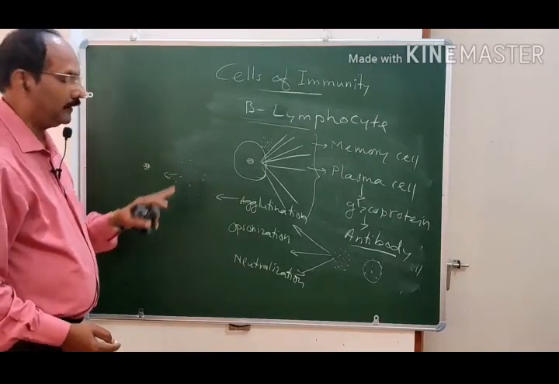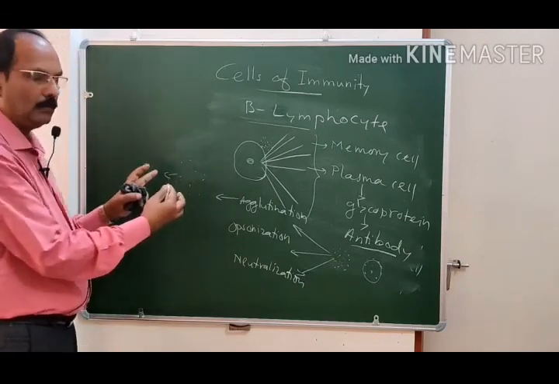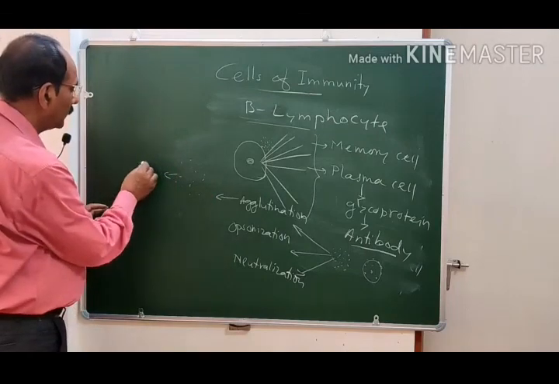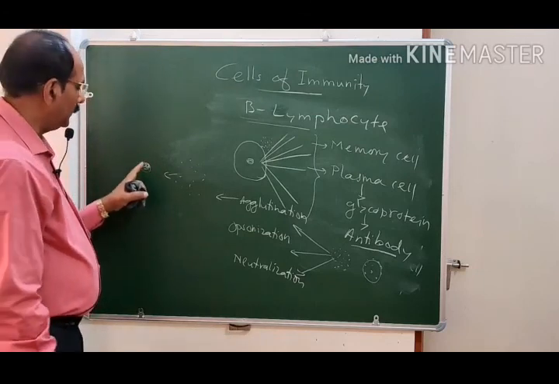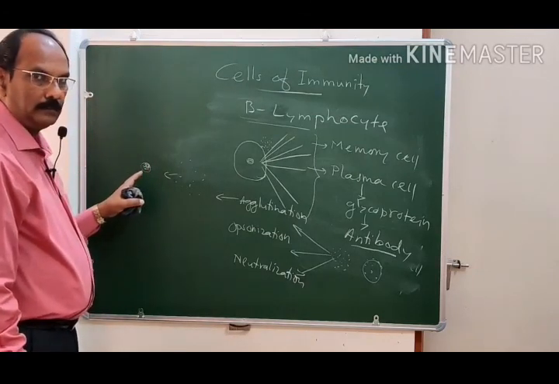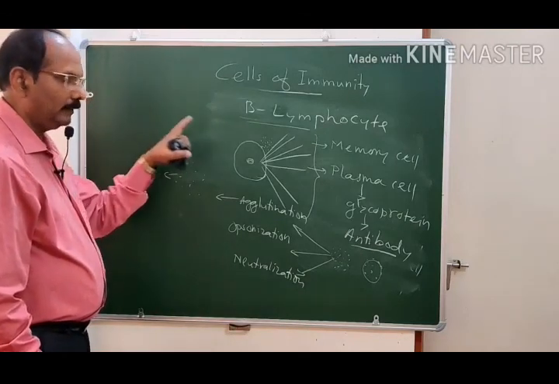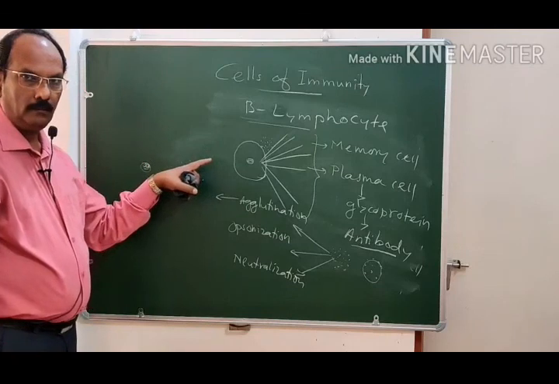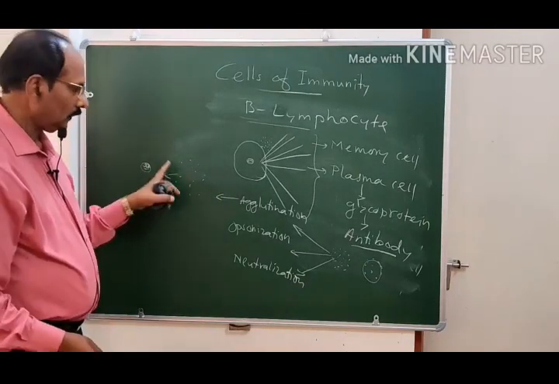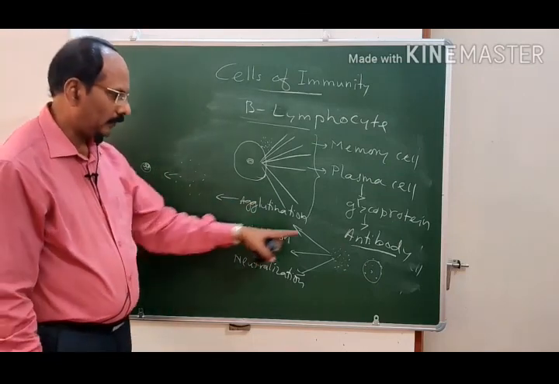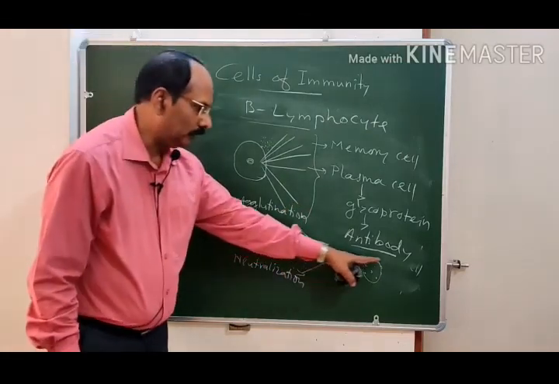Suppose the particle is a bacteria or a virus, and it is completely aggregated or grouped, so it becomes inactive. They cannot do any activities, and they are agglutinated. So it is called agglutination, coming together. This agglutinate is then attacked by the macrophages present in the body fluid, and the macrophages engulf it and kill it. So that is the agglutination process. It is performed only by the antibody freely present in the body fluid, not the one attached to the cell membrane.